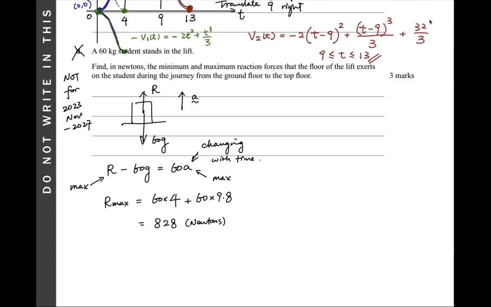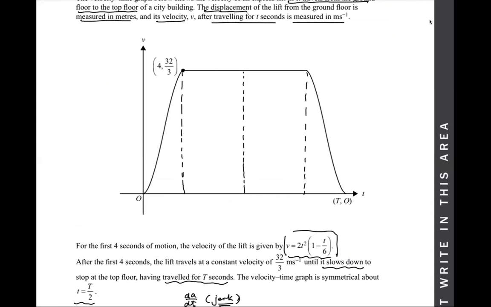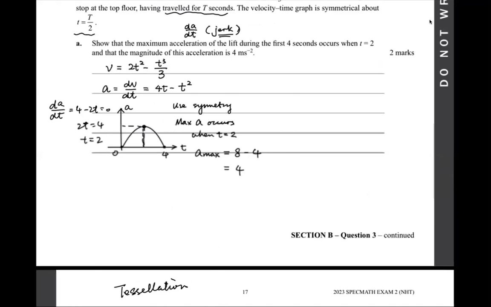If I want R minimum, notice that acceleration is a vector quantity. It has plus or minus effect, all right? Direction. When this lift is decelerating downwards, okay? That is like on the graph here, descending at the greatest rate. This is a minimum equals -4. It's just the opposite way around, okay?